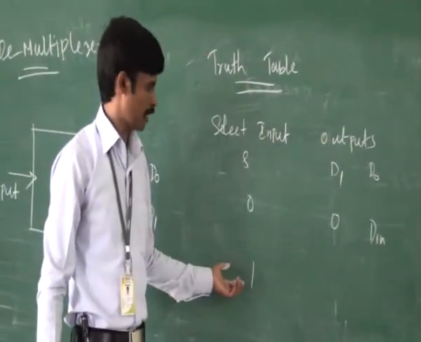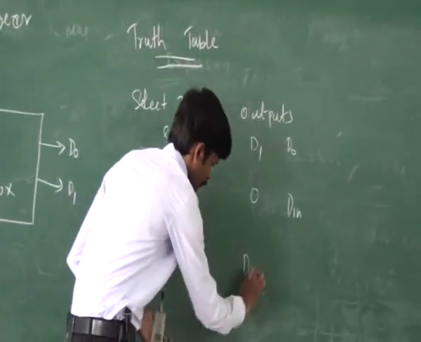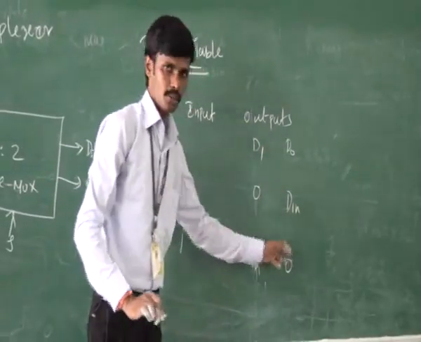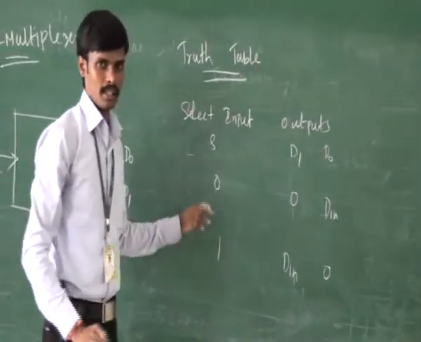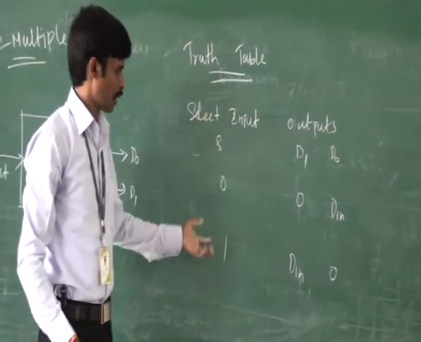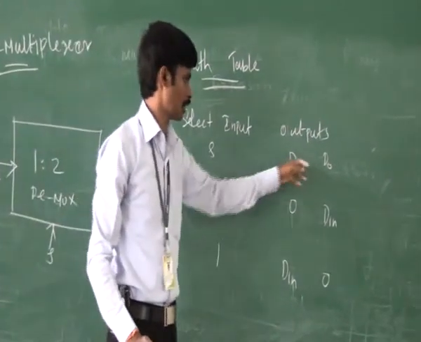When the select input is 1, the input Din is connected to D1. Here the output of D0 will be 0. This is the truth table for 1:2 demultiplexer. From this truth table, let us derive the Boolean expression for D0 and D1.